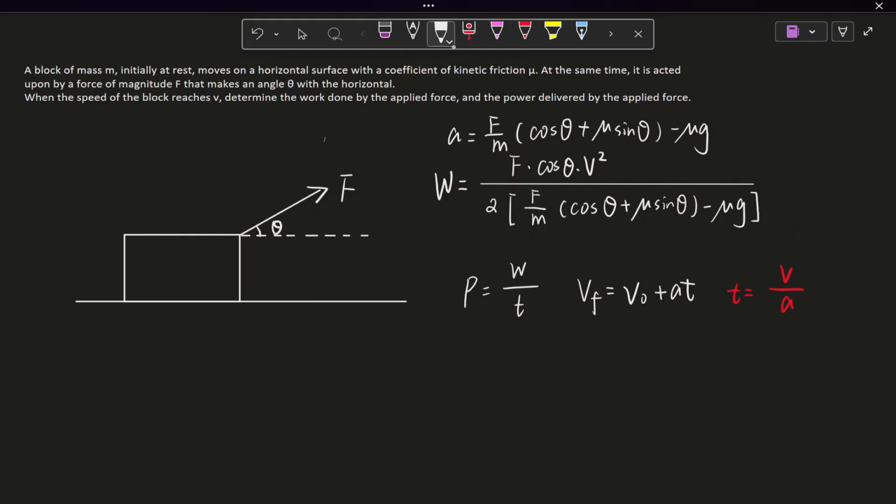So we can find T is equal to v over F over m times cosine theta plus mu sine theta minus mu g.